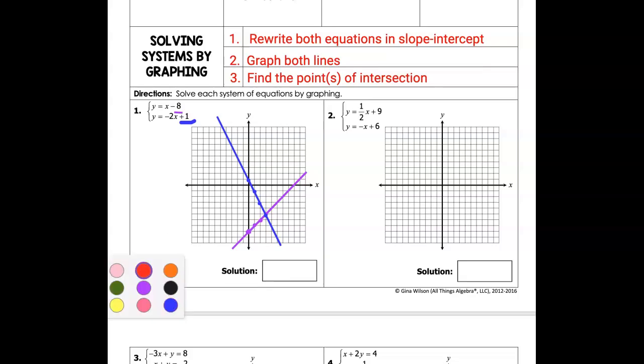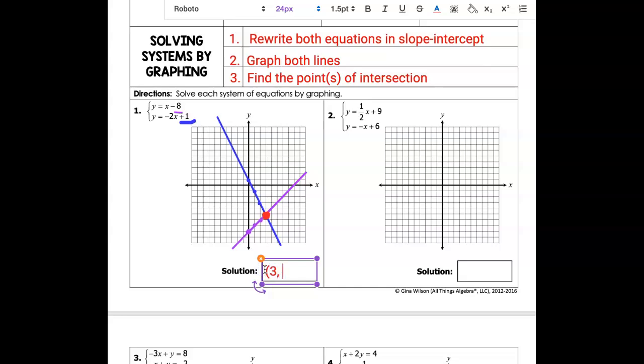And so here we have our solution. It's right here where those two lines intersect. So that is over at 1, 2, 3, and then down 1, 2, 3, 4, 5. So our solution for this system of equations is (3, -5).